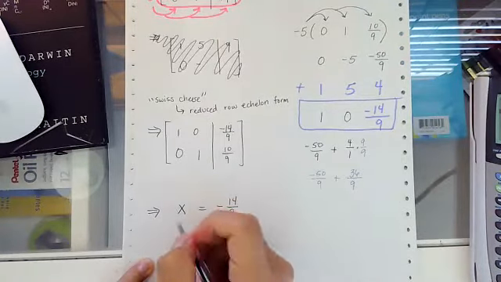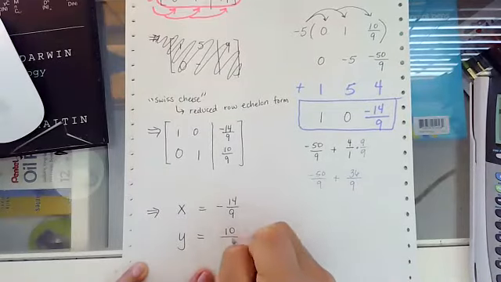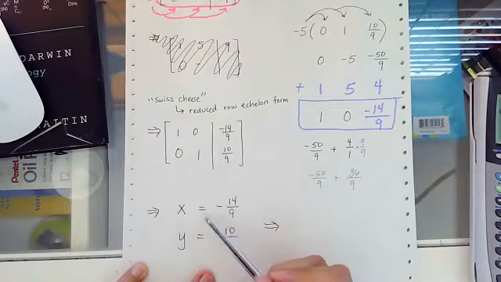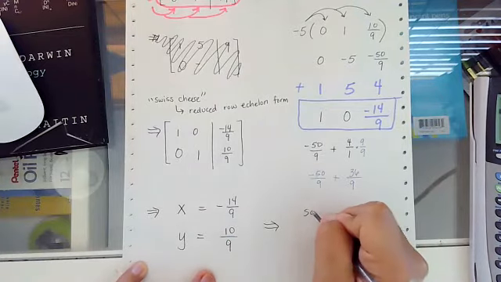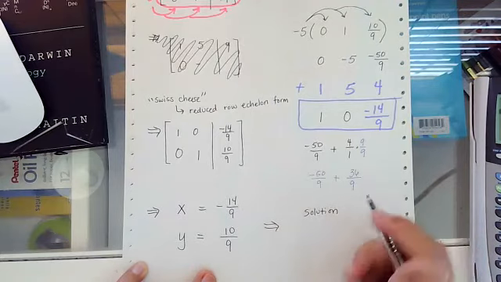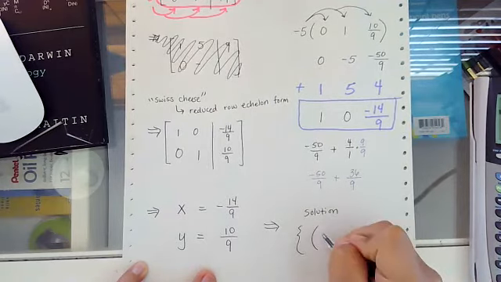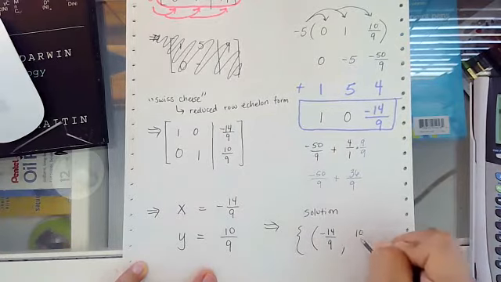And then y equals 10 over 9. Yeah. So when you have the matrix in Swiss cheese form, you've essentially solved it. The solution for this system of equations that's represented by our matrix is this weird ordered pair -14 over 9, comma, 10 over 9.